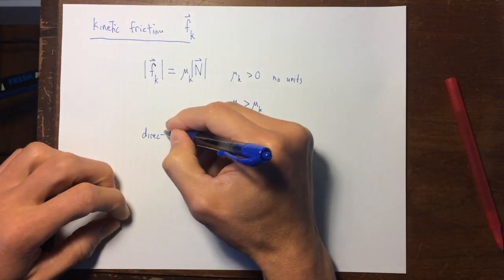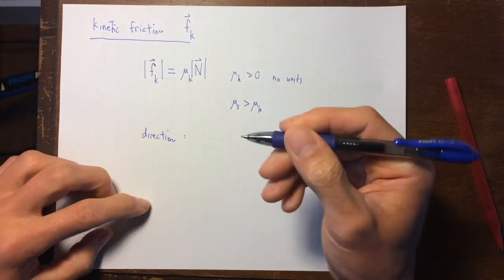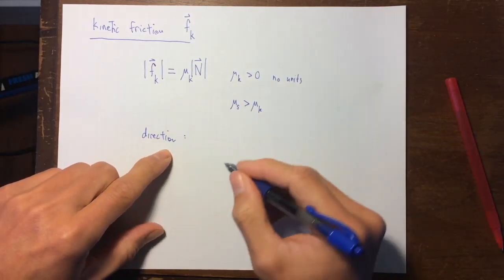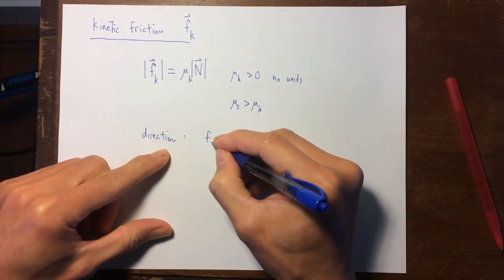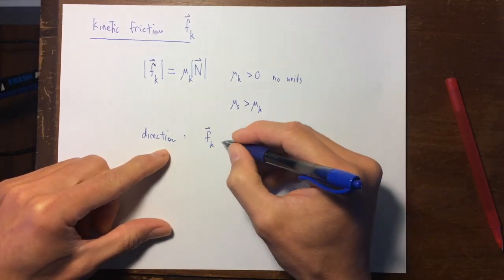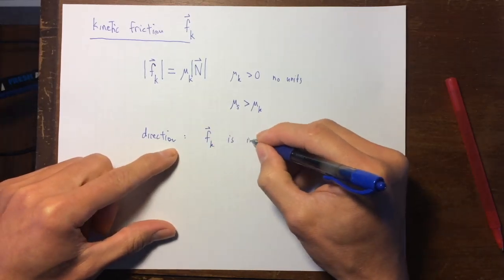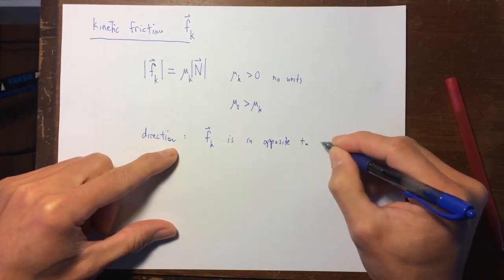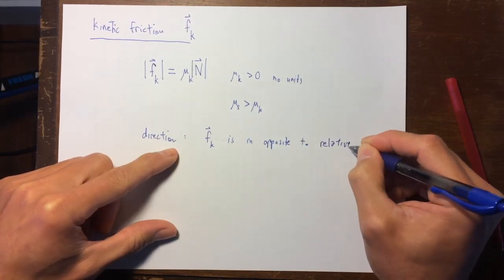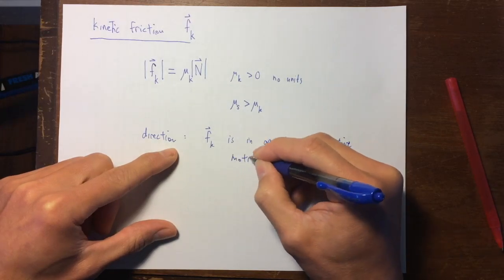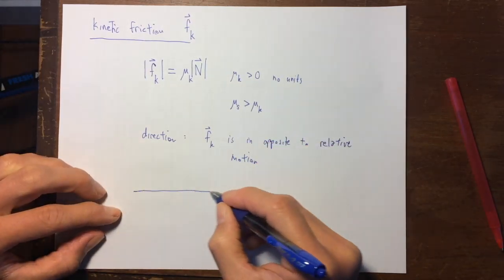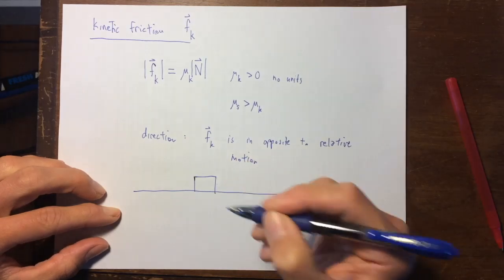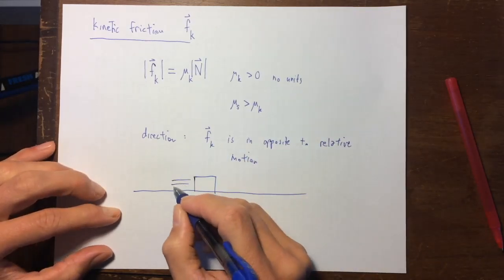Direction-wise, this is interesting. The friction force has a direction that is opposite to the relative motion. So if I imagine here is a box that's moving this way.